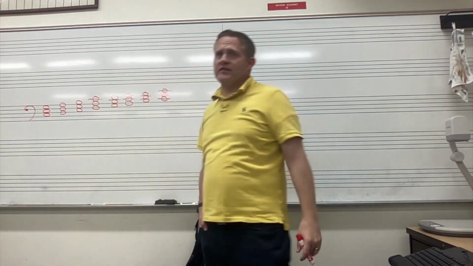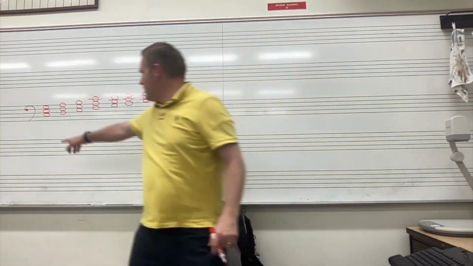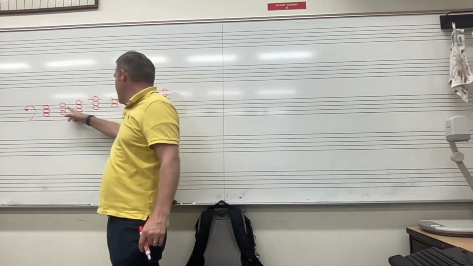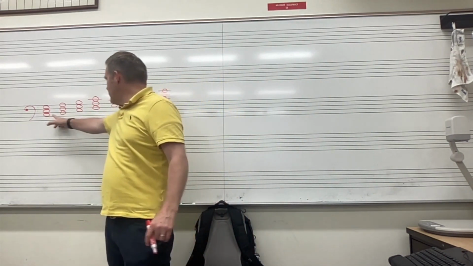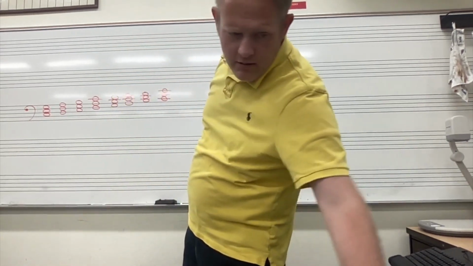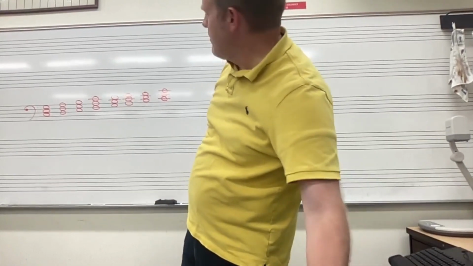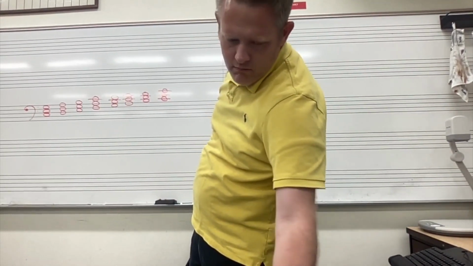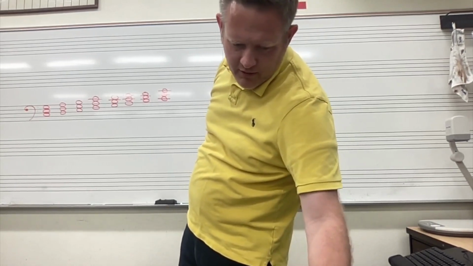Okay, so if I take my C major scale, which is the bottom note, and then do it in triads using only the notes of the C major scale, I get these chords. Oh, that was not good.